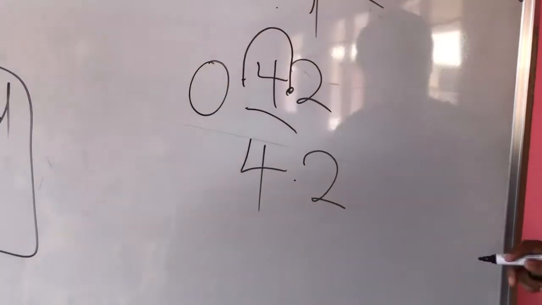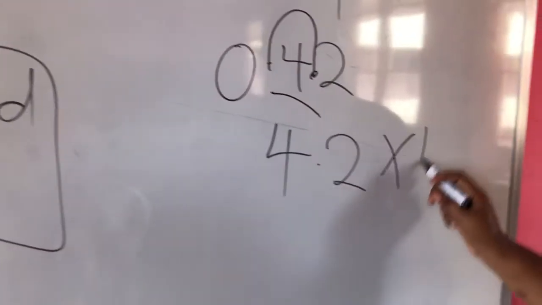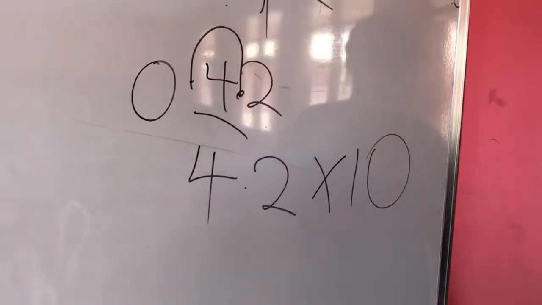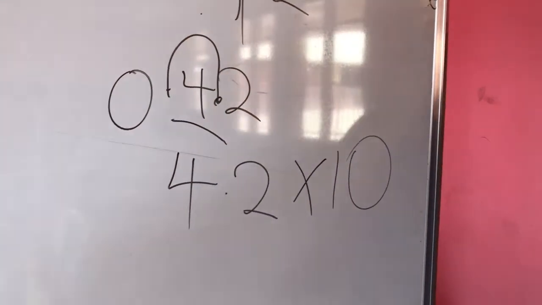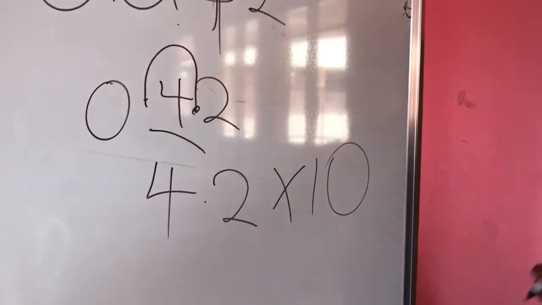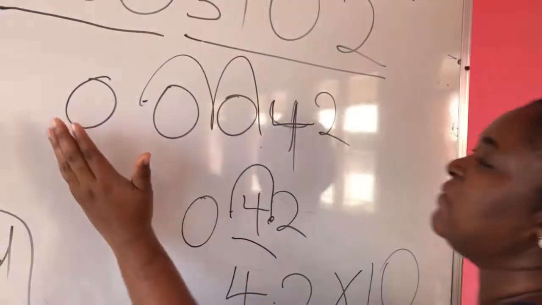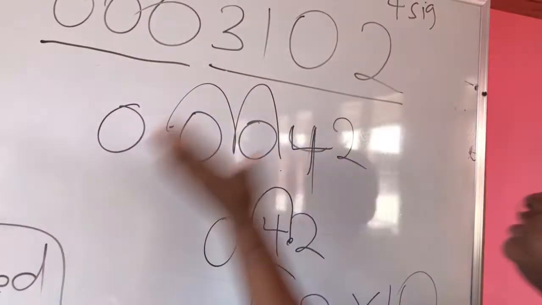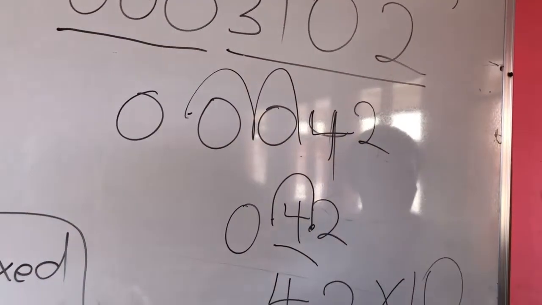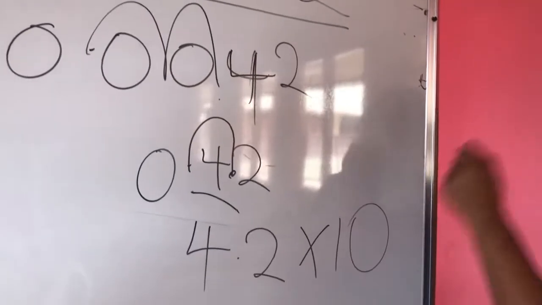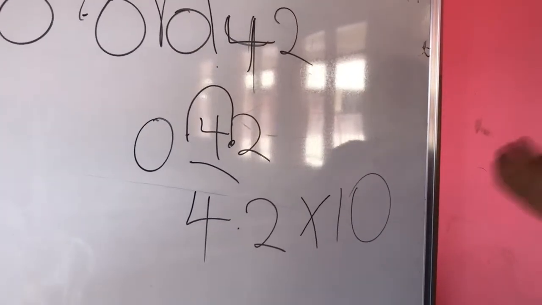And you know that in standard form, you always multiply by 10, and you must have a power. One thing that I realized some of you don't understand is the rule in standard form: when the decimal point is moving from the left to the right, your power must be a negative number. Write this down.